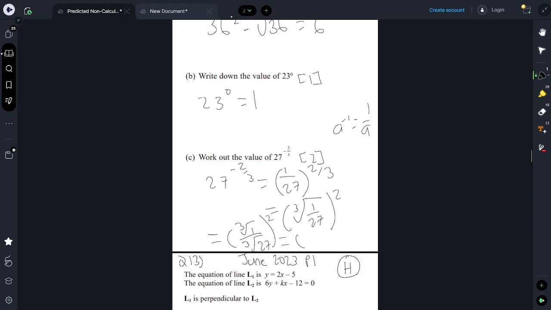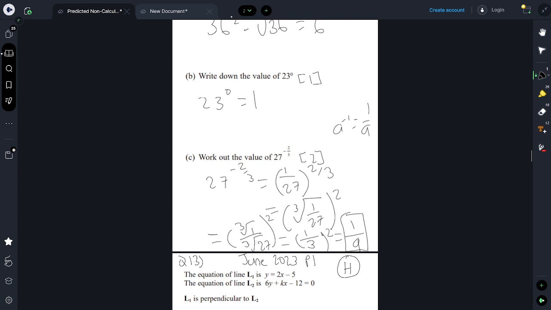Well, cube root of 1 is just 1. And the cube root of 27, you should spot, is just 3. 3 times 3 times 3 is 27. And then that has to be squared. Well, square the fraction. So 1 squared is 1. 3 squared is 9. And that should be your final answer.